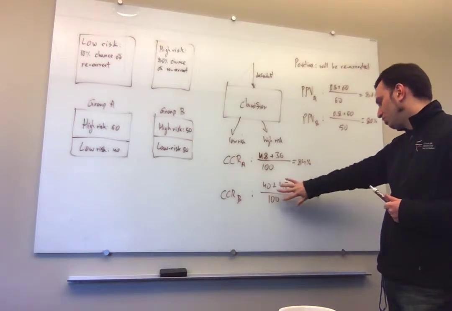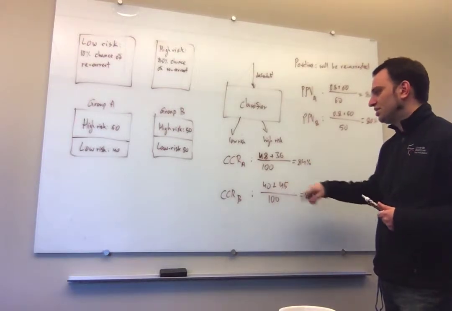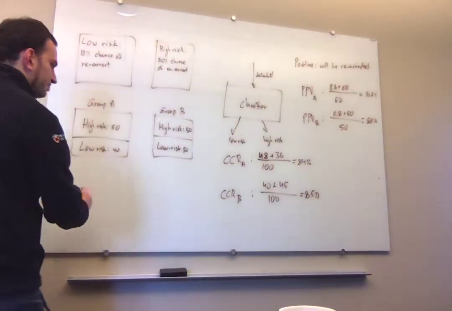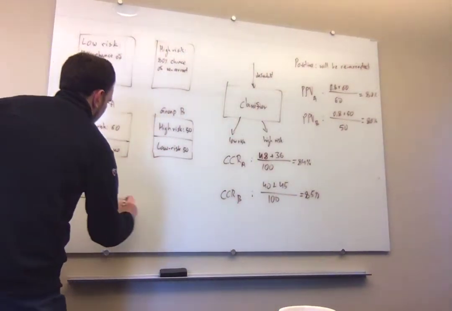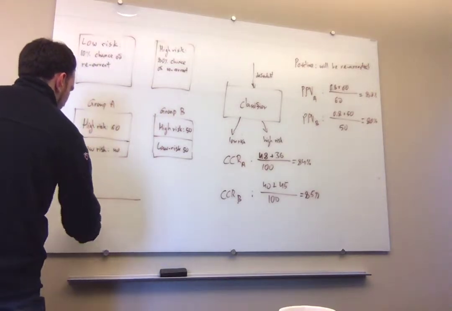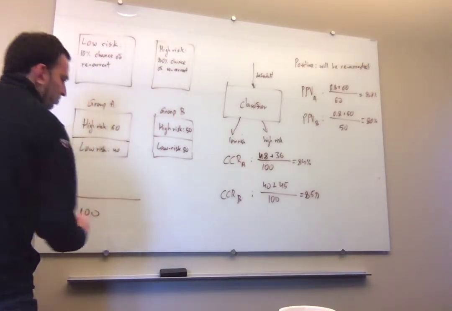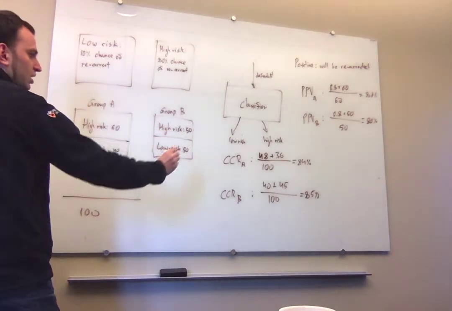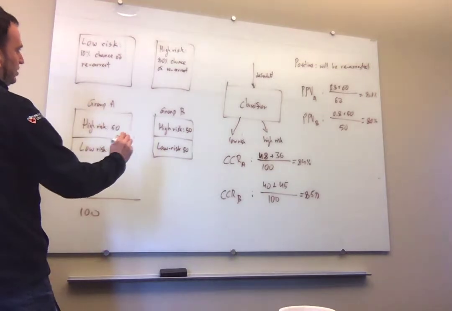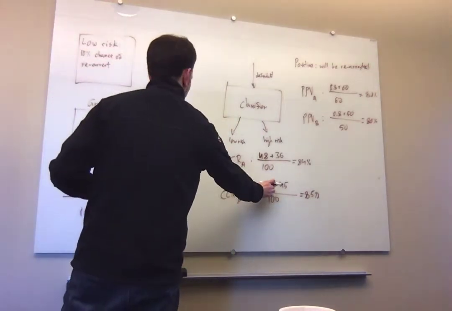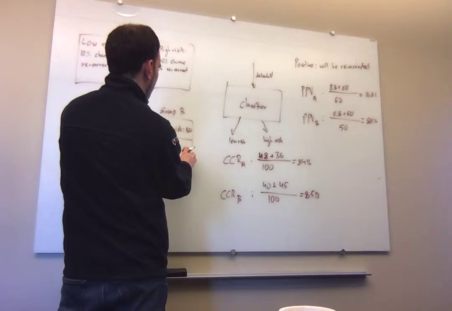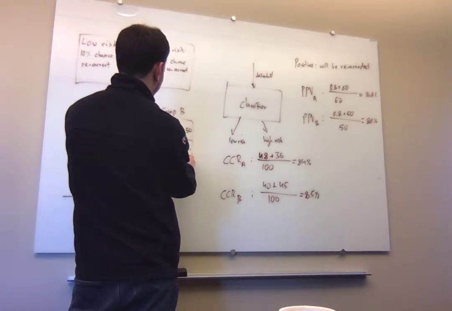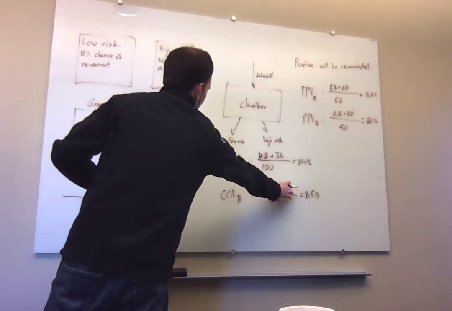Well, in order to do that, we'll go back here and rewrite the numbers. There are still going to be 100 people in the pool in total. Let's leave the 45 alone.